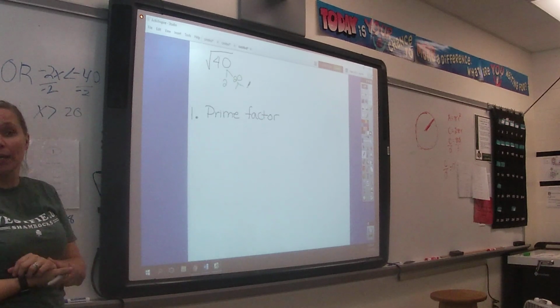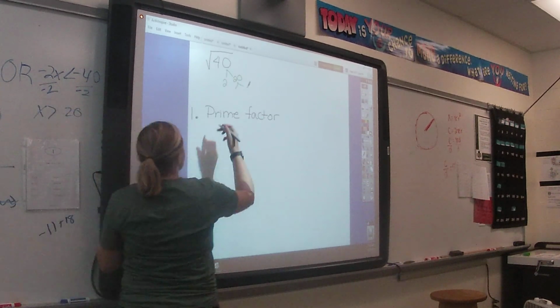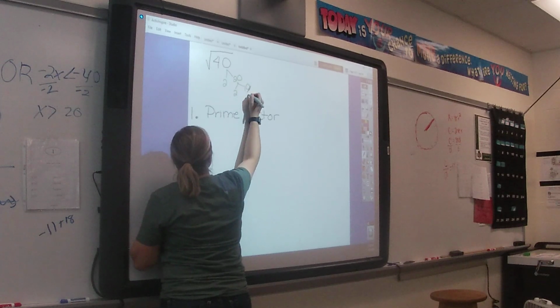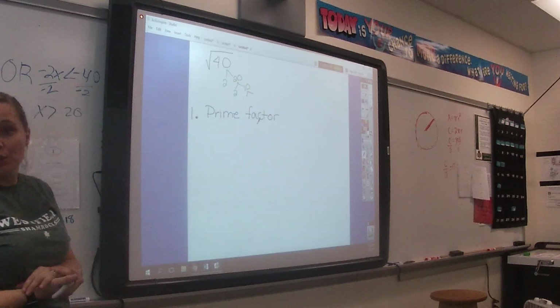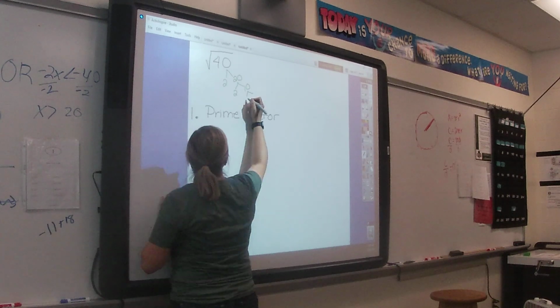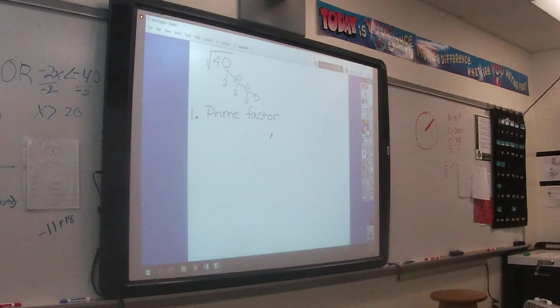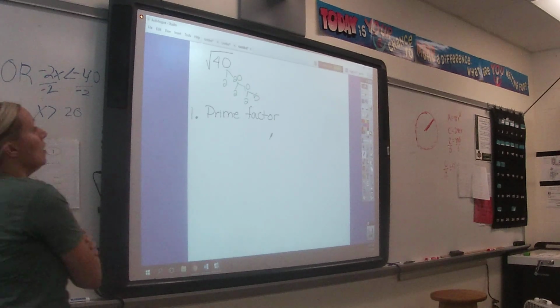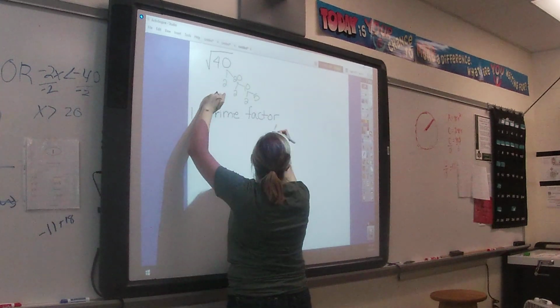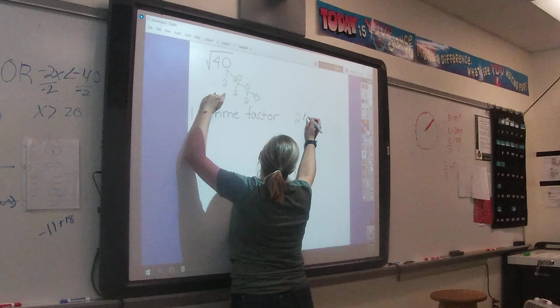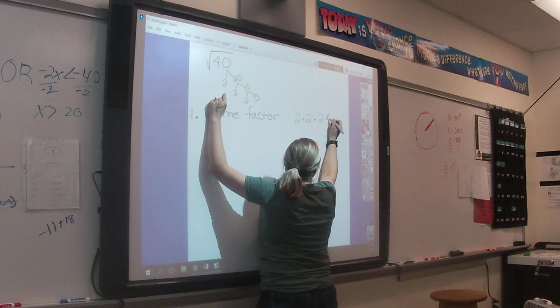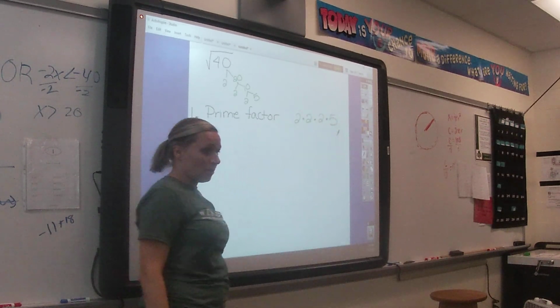What does 20 split into? 2 and 10. What does 10 split into? 2 and 5. Okay, so 40 now prime factors into 2 times 2 times 2 times 5.